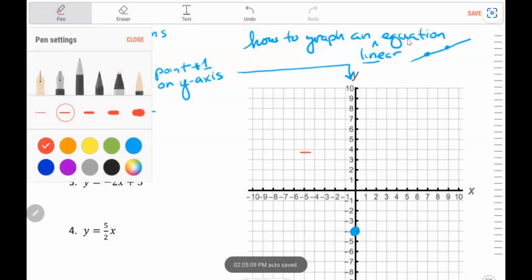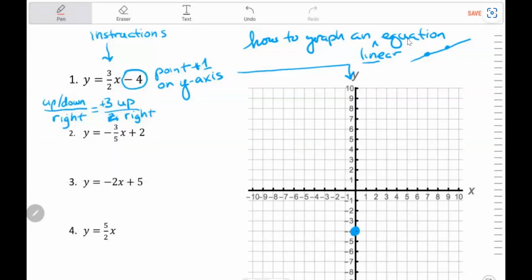We're going to start here, and from our point that was on the y-axis, we're going to go up 3. So 1, 2, 3. I went up 3, and now I'm going to go right 2. 1, 2, and there. So I went right 2 units, and there's my other point right there.